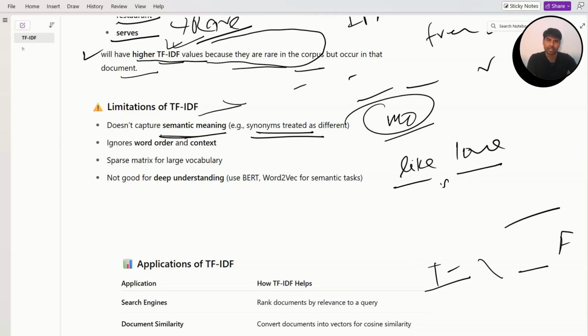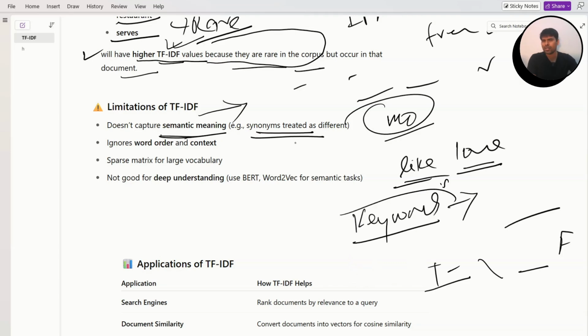These two words are very close to each other, but this technique is more keyword based, more stats based. So this kind of technique is not able to capture the semantic meaning.